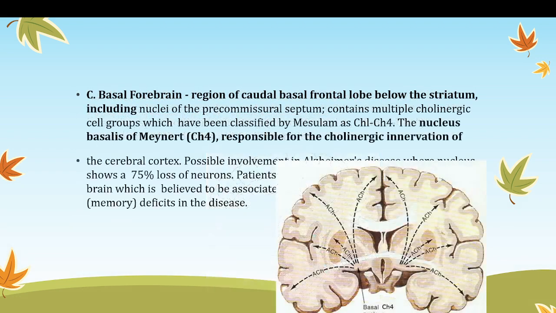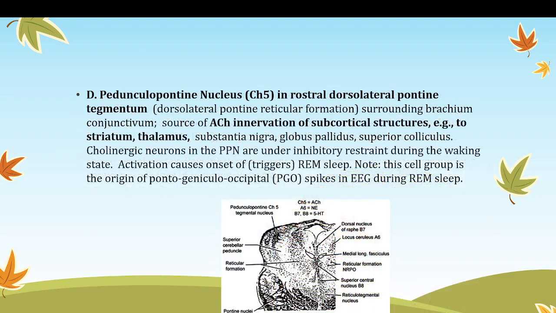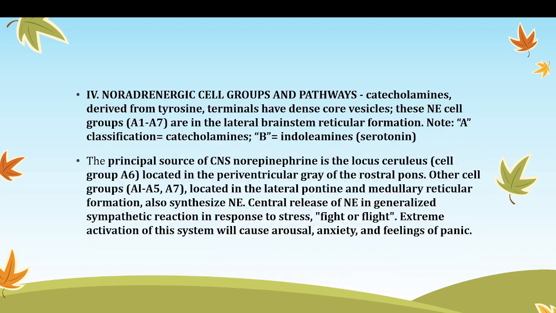Then motor nuclei, basal forebrain region of the caudal basal frontal lobe, below the striatum, including nuclei and the precommissural septum. Pedunculopontine nucleus, dorsolateral pontine tegmentum. Noradrenergic cell groups and pathways, catecholamines.